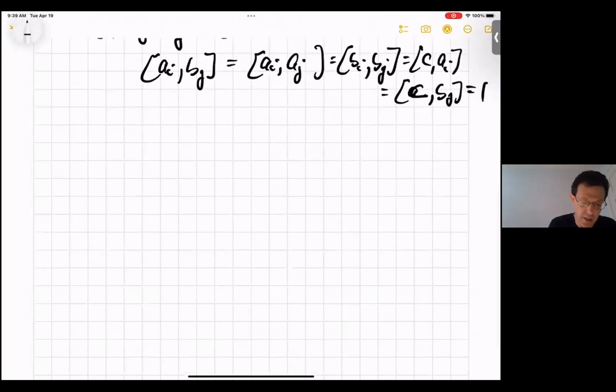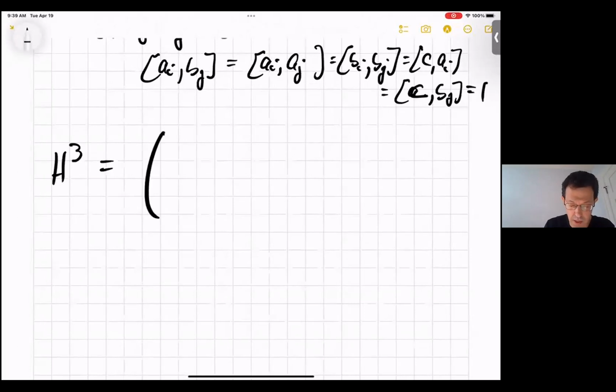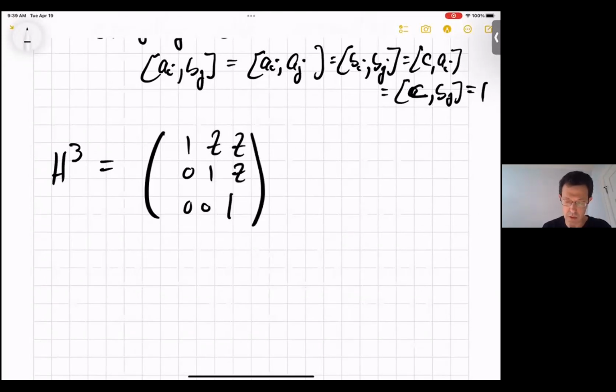So H3, if you want a concrete representation of it, it's just all the upper triangular matrices, and then put an integer here. So the generators are going to be 1, 1, 1, 0 below.